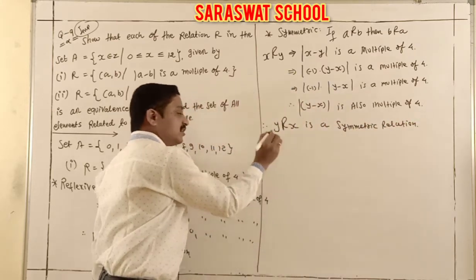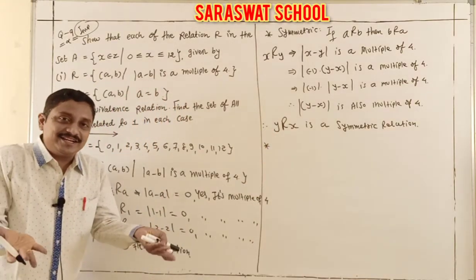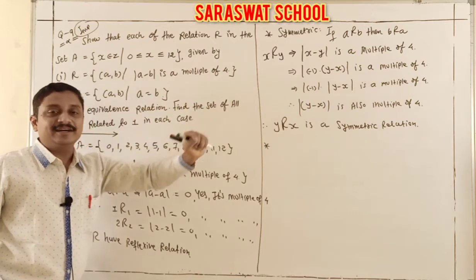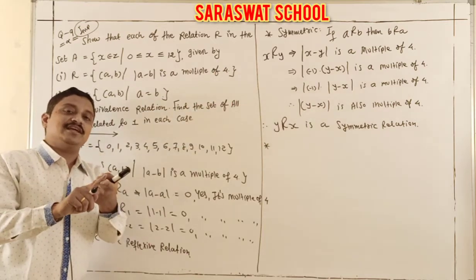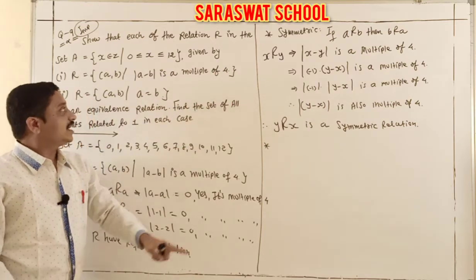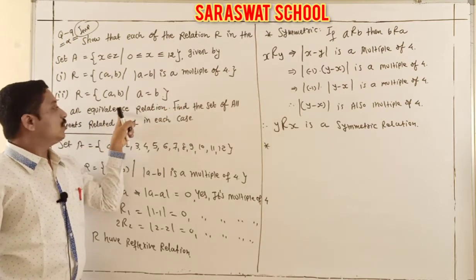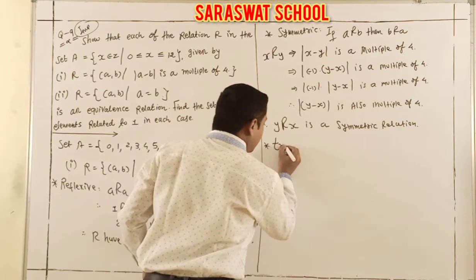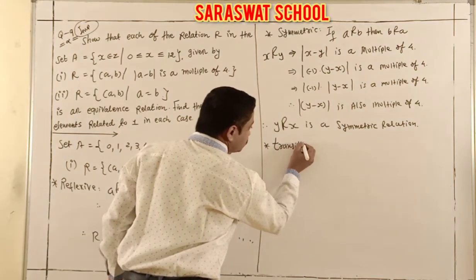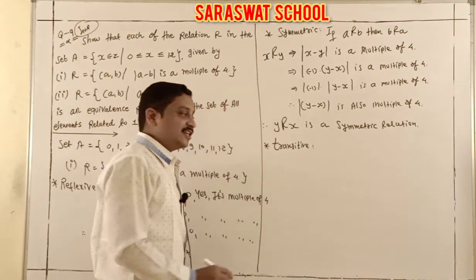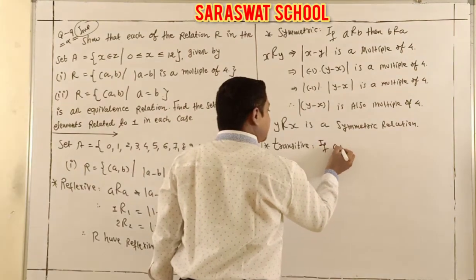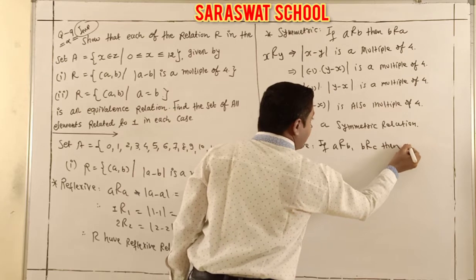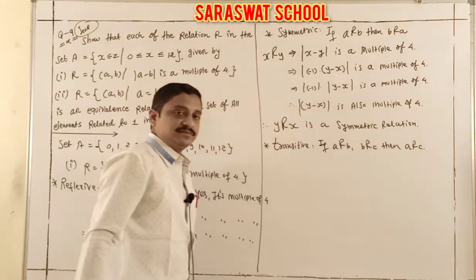Now I am going to transitivity, because reflexive is done and symmetric is done. Now if you validate transitivity, then I can say it is an equivalence relation. What is a transitive relation? If a is related to b and b is related to c, then a is related to c.